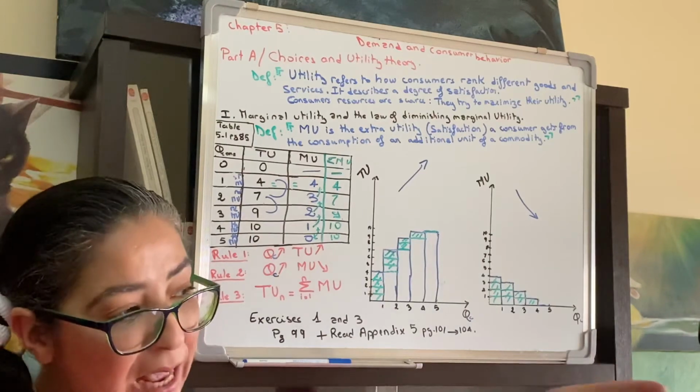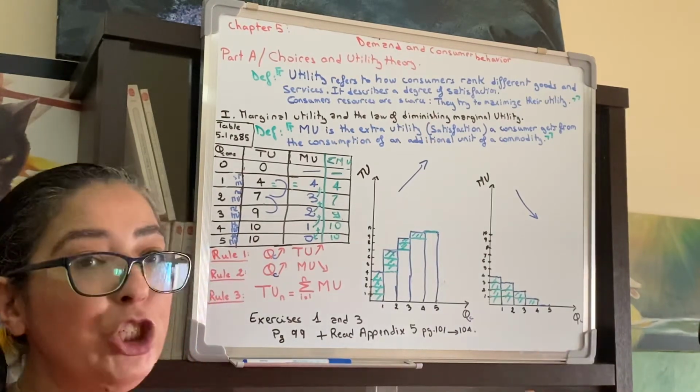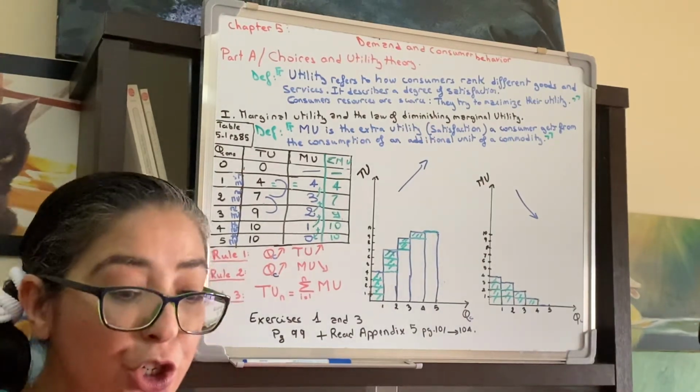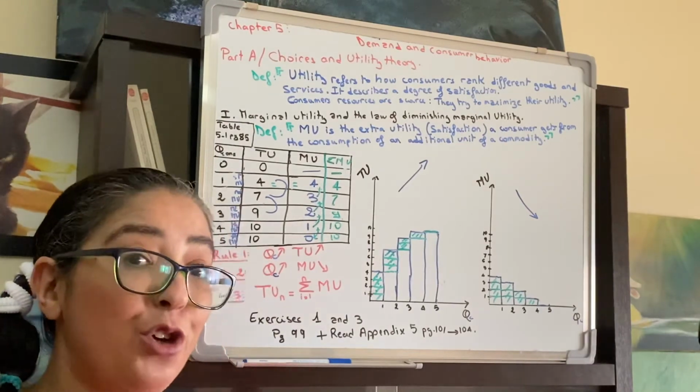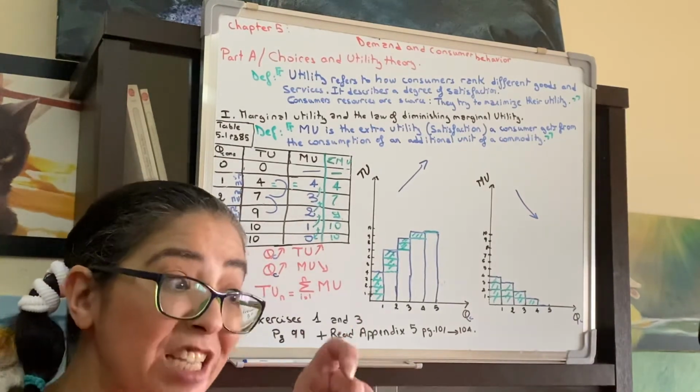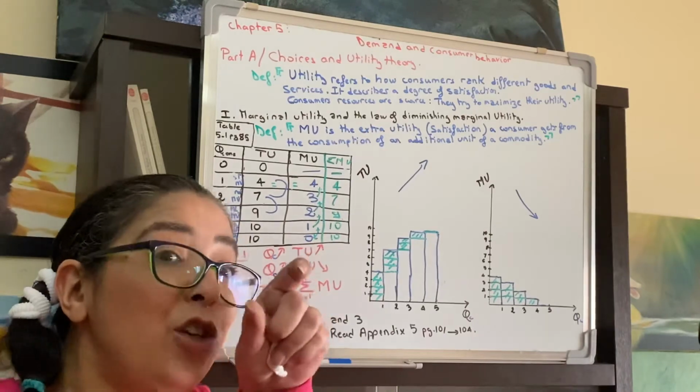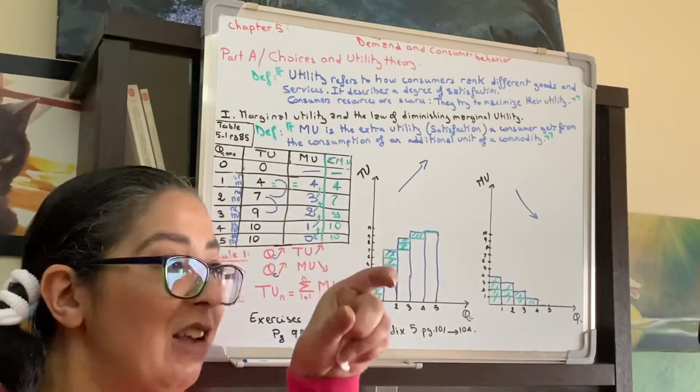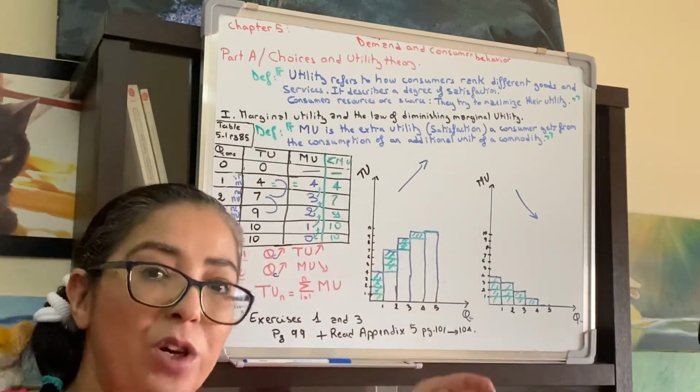But if you take that good and cut it into each unit of it, each unit brought you a certain degree of satisfaction. Each unit brought you a marginal utility. It's for each unit alone of the good.